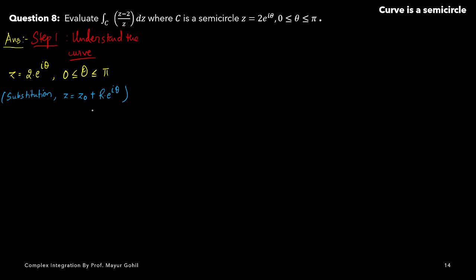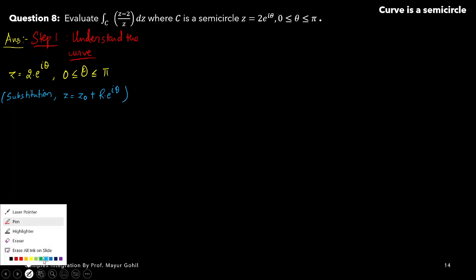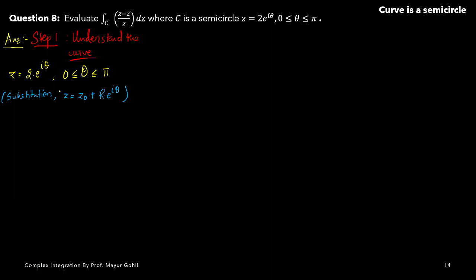Now compare this substitution with what is given over here in the form of the equation. If we compare, we get z naught equals 0, or you can even call it 0 plus 0i. Also r equals 2.